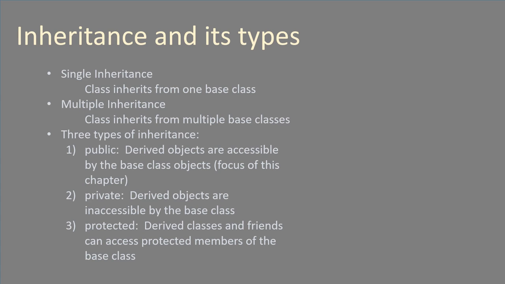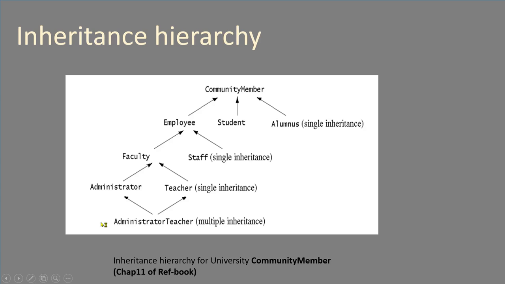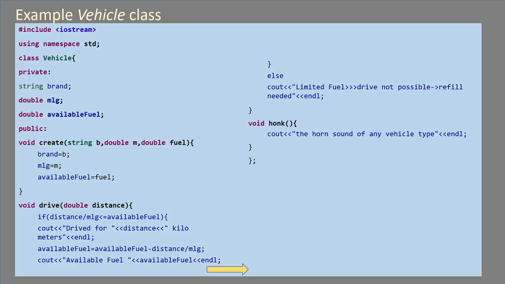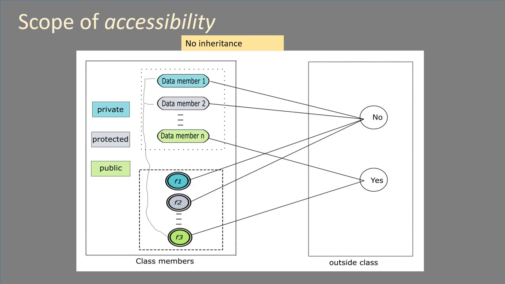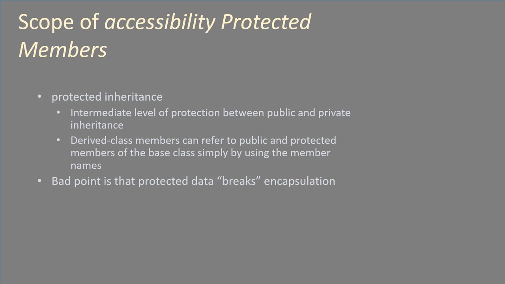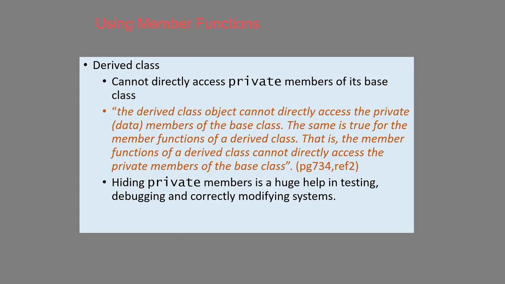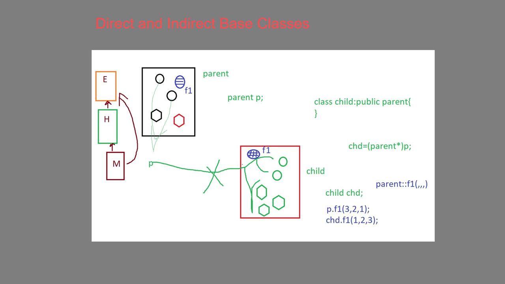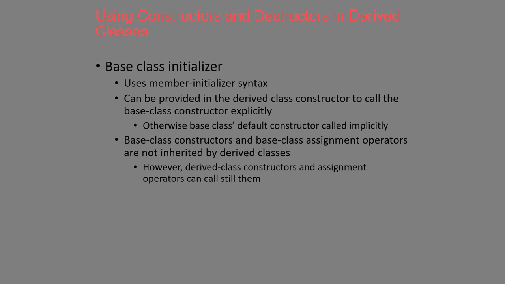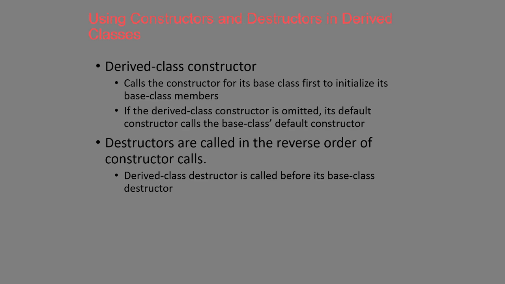We also discussed the scope accessibility for public, private, and protected inheritance types. We also discussed inheritance hierarchy, where we have indirect base classes, and we discussed some basic examples and some basics about constructors and destructors.